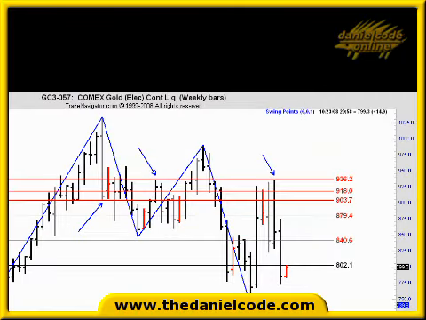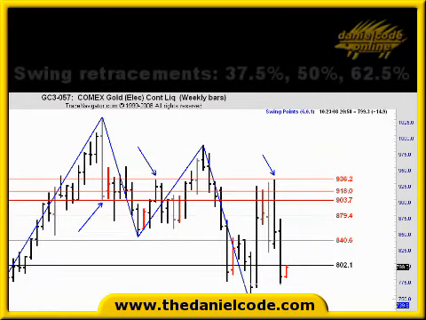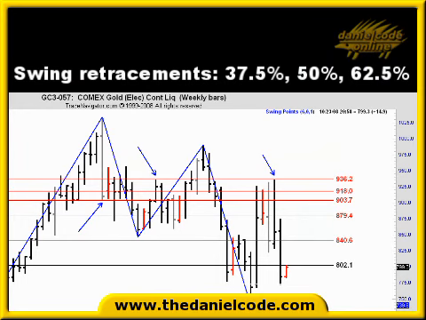So if we go to the top of the chart, you'll see that I've noted for you there the swing retracements to use. They're in the members documents at the Danielcode website, but the most common retracements on charts are 37.5%, 50%, and 62.5%.